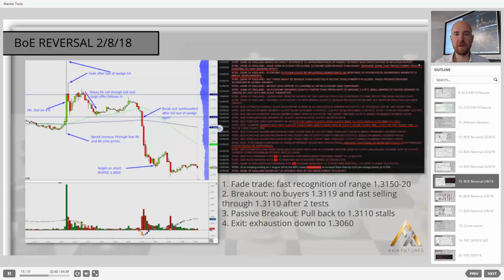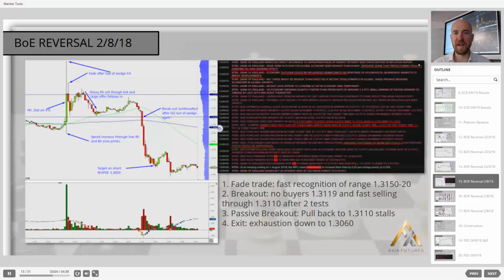Comes a few minutes after the decision. Heavy selling back down once again towards 131.10. So we're seeing that the sellers are willing to take control here. Don't get any movement back up, and so the 131.10 then becomes your access point. We've tested it. By the time the breakout comes, that's been tested twice.